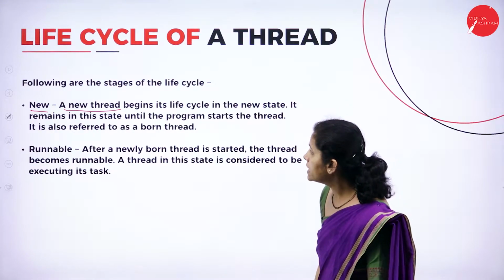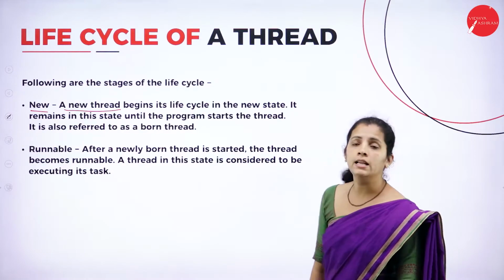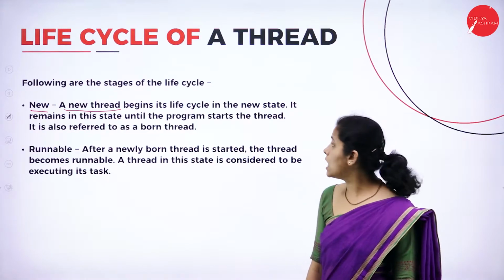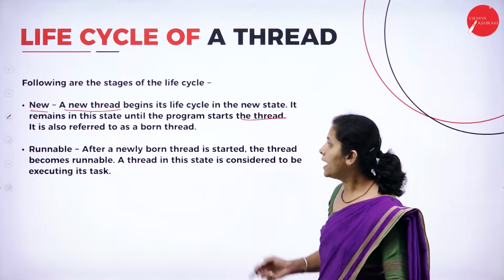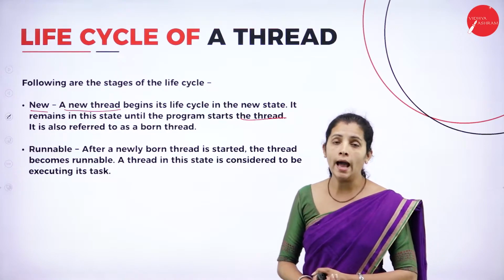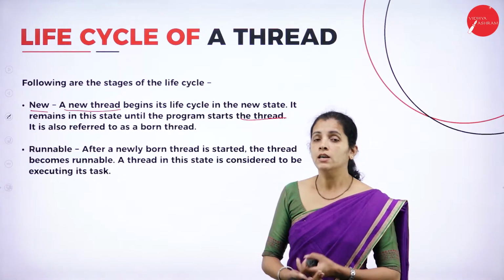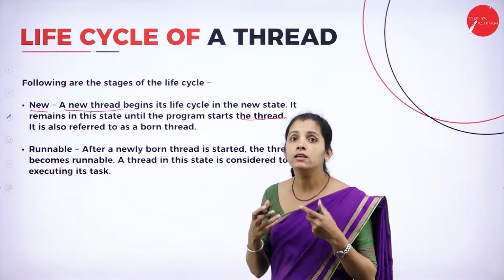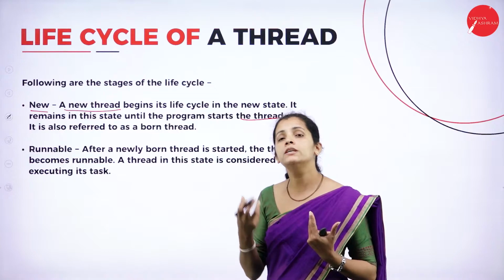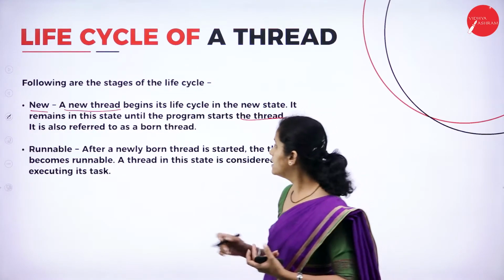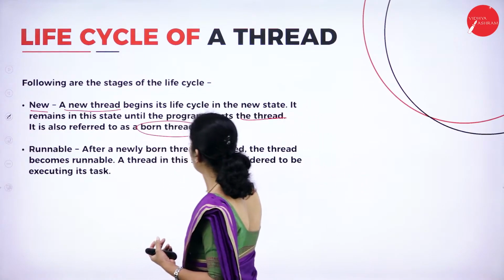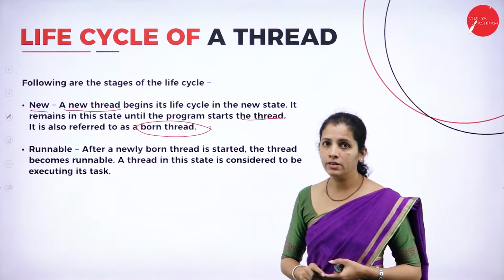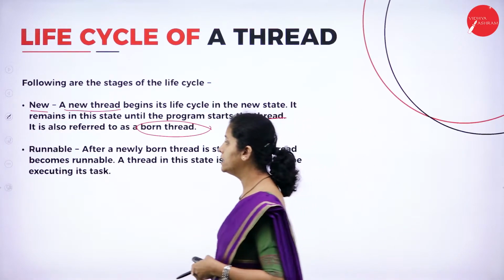It remains in this state until the program starts the thread, and it's also known as a born thread. If I create any thread by using the new method, then it is called a born thread.